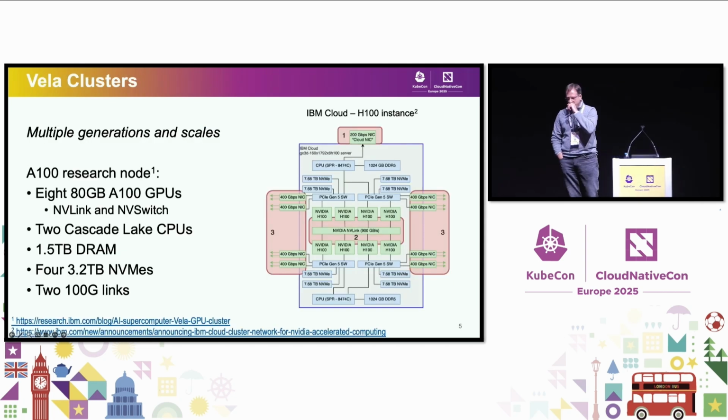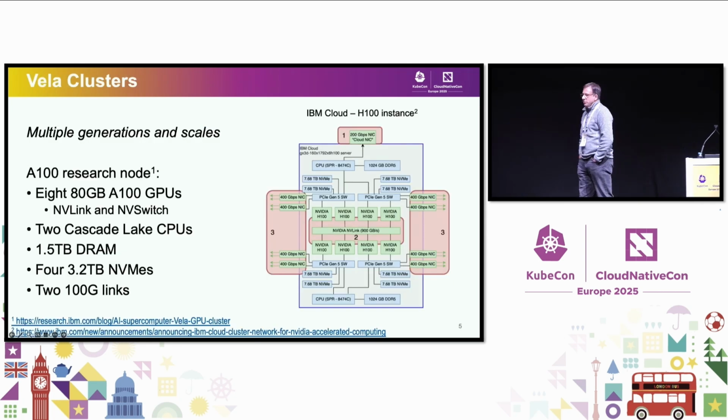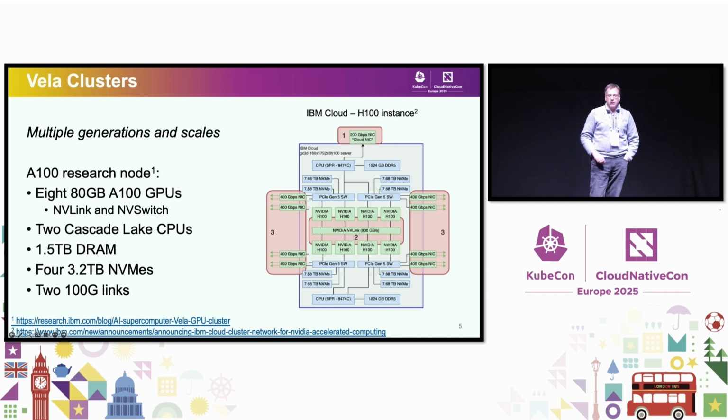So in terms of clusters, what we typically run at IBM Research is large clusters with NVIDIA GPUs like A100 or H100. Here you have two kinds of node generations we've used or are using, that we've published detailed specs for. On the left, the first generation A100 nodes.